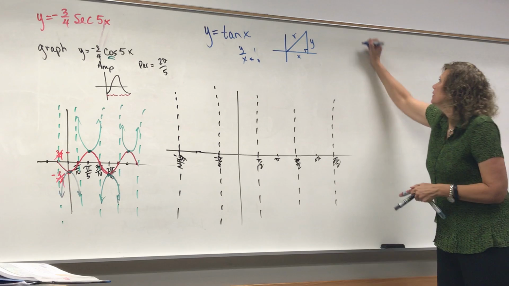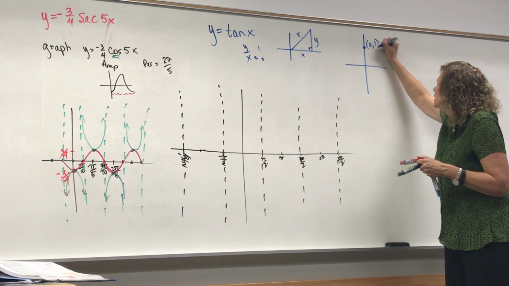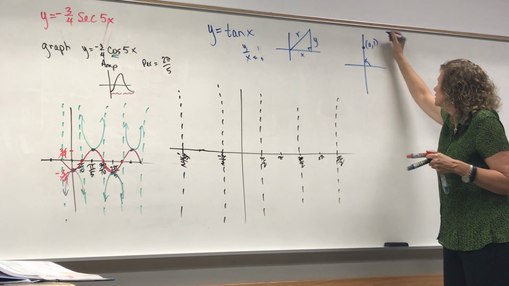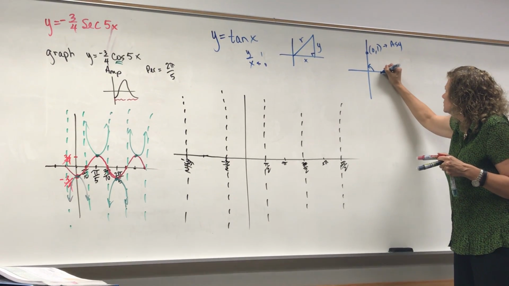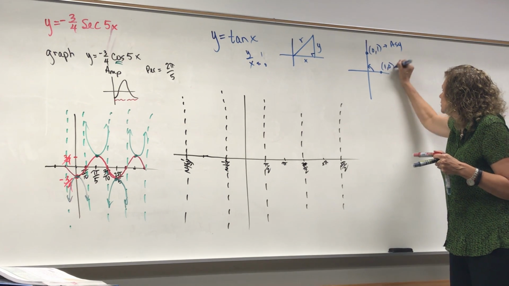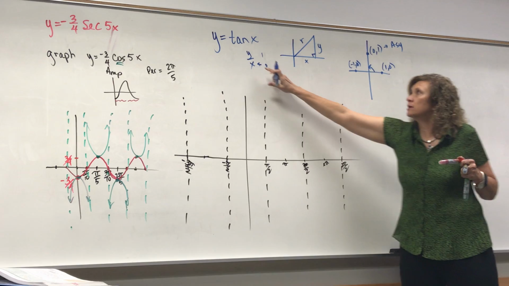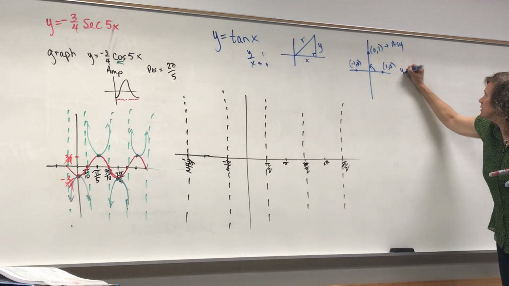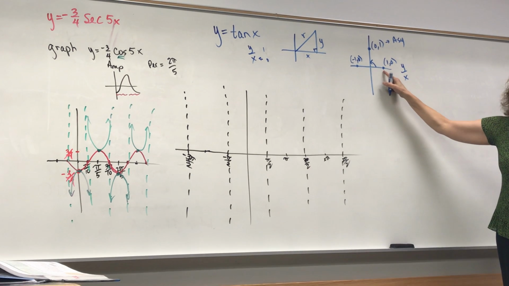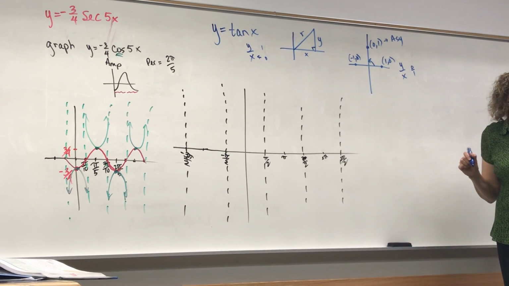Okay, so here we had the point 0, 1, so that 90 degrees gave us an asymptote. What about the point 1, 0 or the point negative 1, 0 with respect to y over x? Now the tangent of 0 is y over x, 0 over 1.